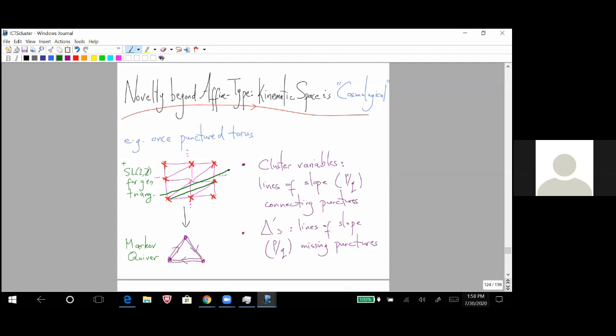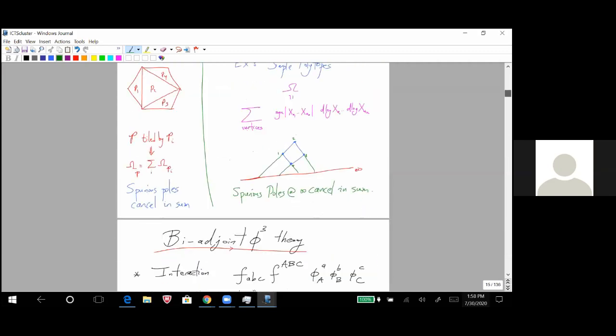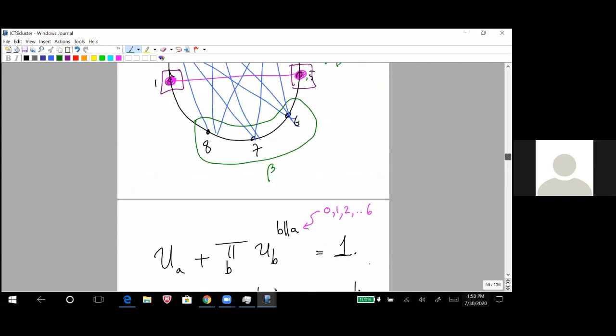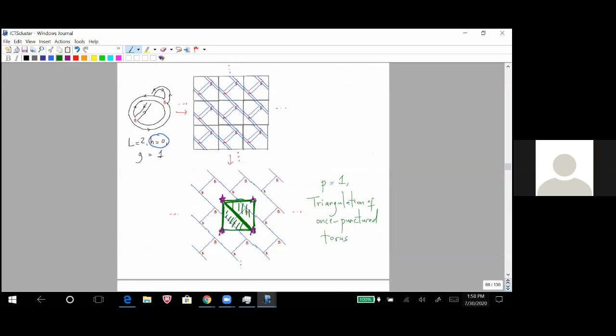And this is just, remember, the once punctured torus is just these non-planar two-loop vacuum diagrams. Okay, so if I go to where we saw the once punctured torus, we saw it already up here. Okay, so if I look at the once punctured torus, and here I'm drawing this particular diagram.